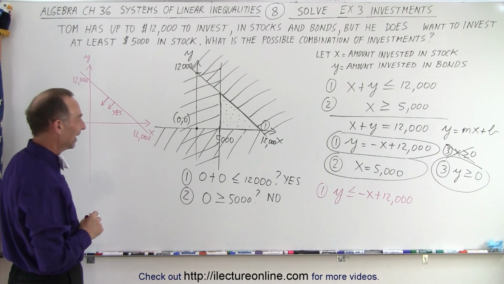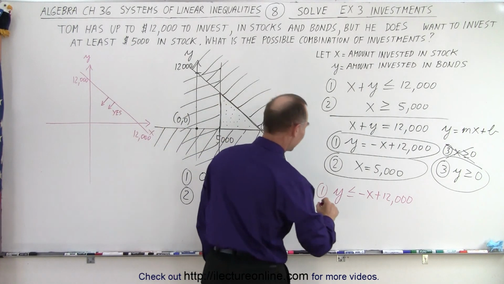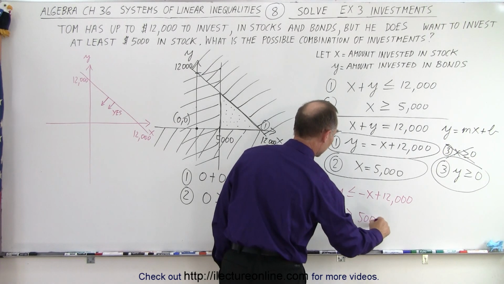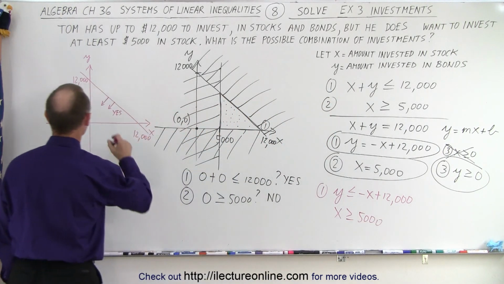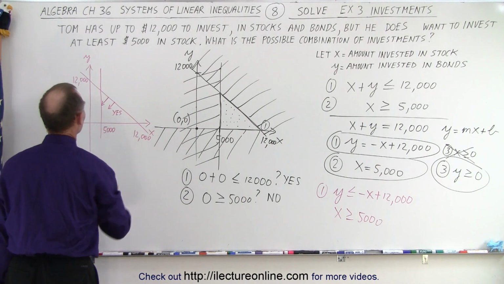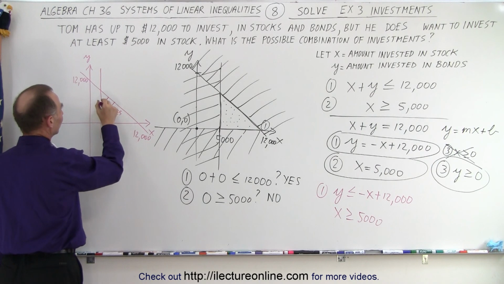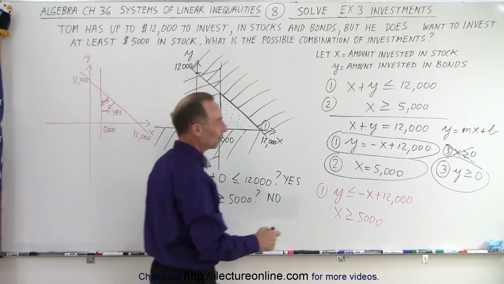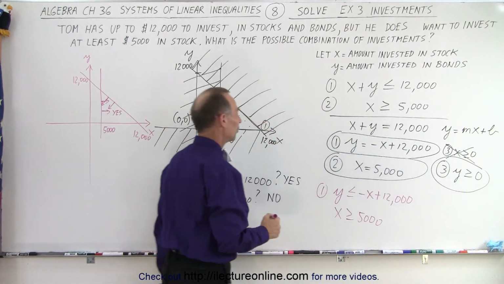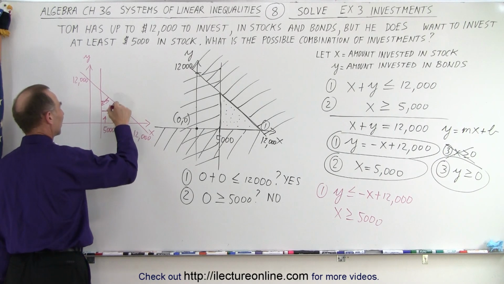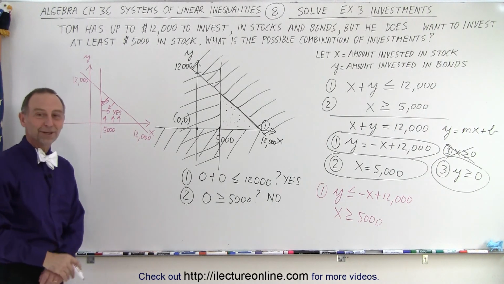All right. And then for the other one, you end up with x greater than or equal to 5,000. So that's this line right here. This goes through the point 5,000. And you want it to be greater than, so you want this region right here. And then, of course, you have this region where y is greater than 0. So you want the region that's above the x-axis. So that means that this here is the region that you want.